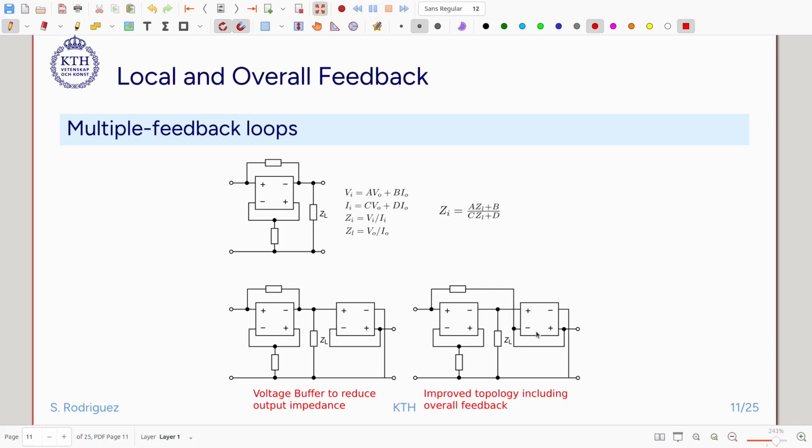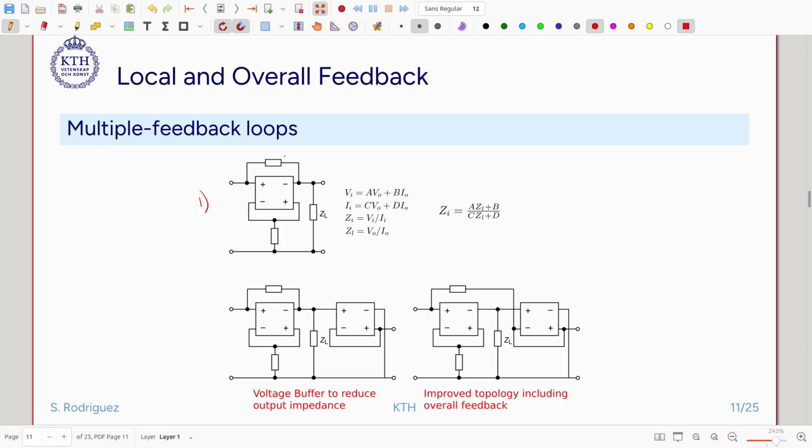For instance, in this first example, we are fixing both the transconductance and the transimpedance in this configuration, and that allows me to do very interesting things.